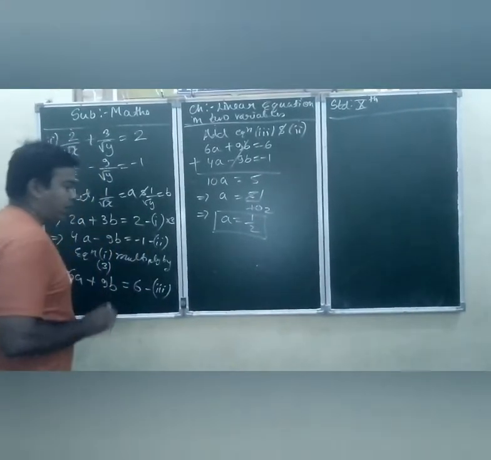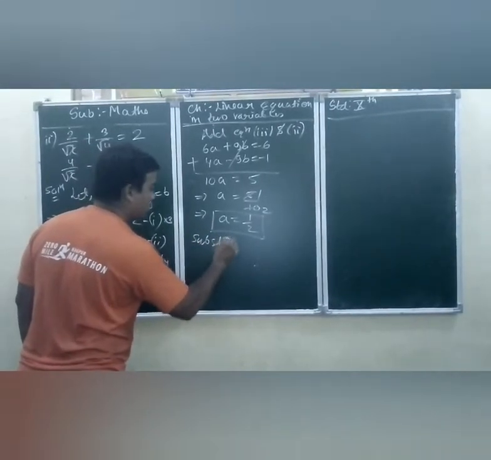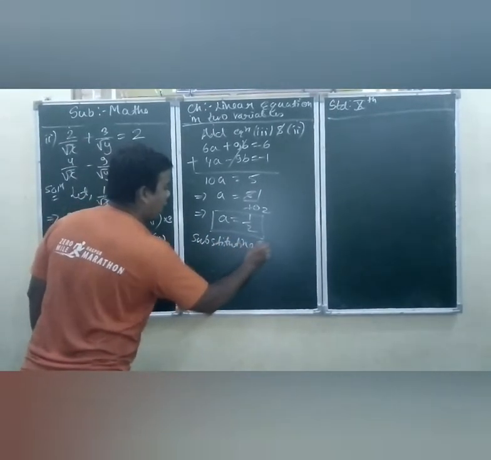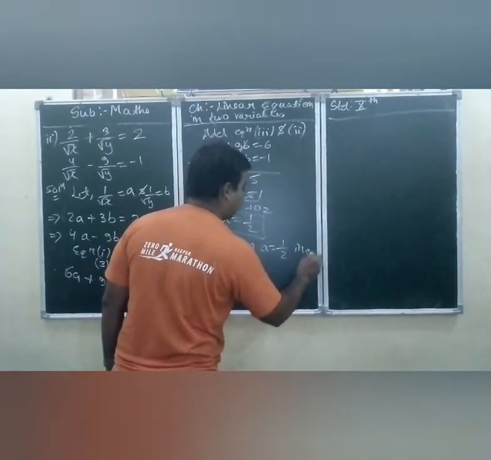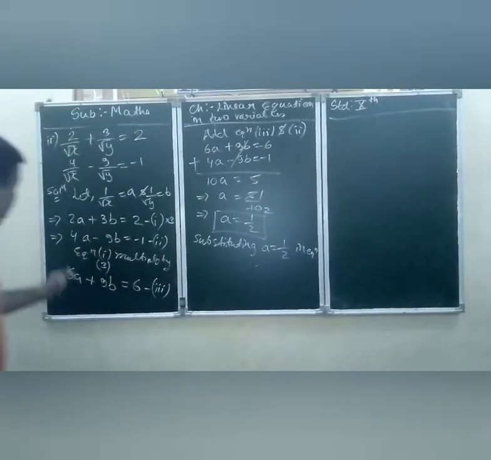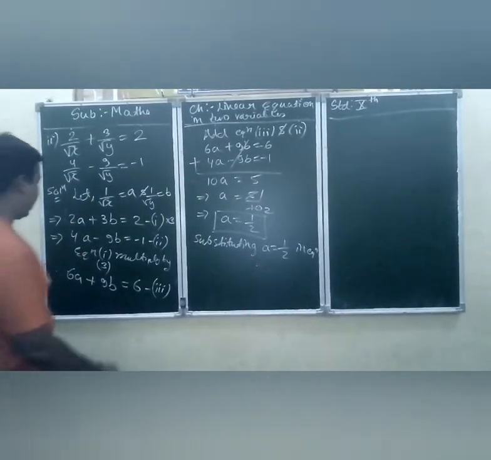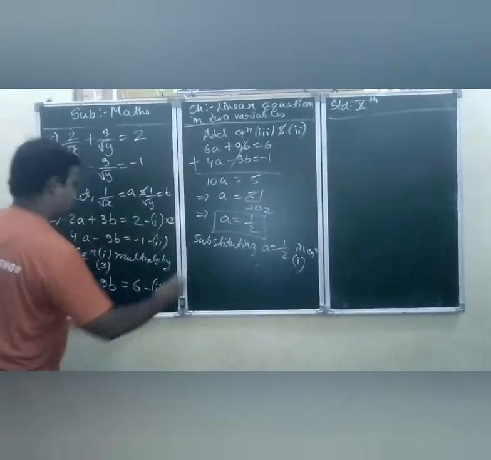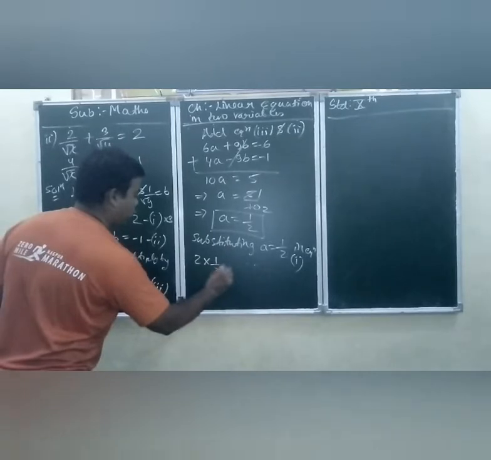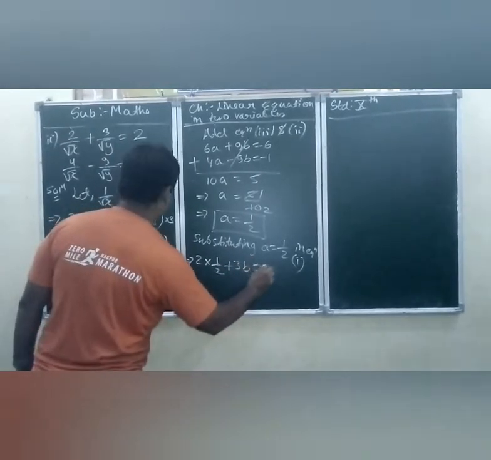Now we got a, so substitute this value a equal to 1 by 2 in any equation, first, second or third. So we put it in the first equation. So 2 into 1 by 2 plus 3b is equal to 2.